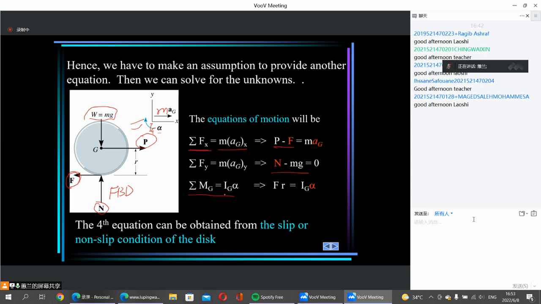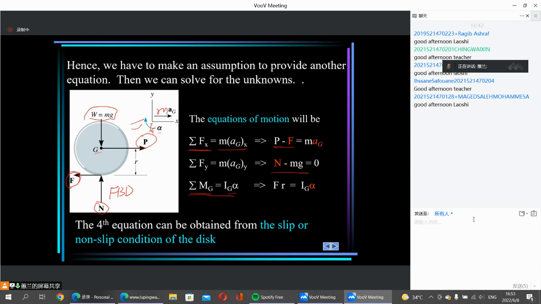We also have the moment equations about any point. Definitely, you can choose the mass center. So sigma M G, the moment about mass center G, equal to Ig alpha. Here you see only P and W, and N, pass through the mass center.